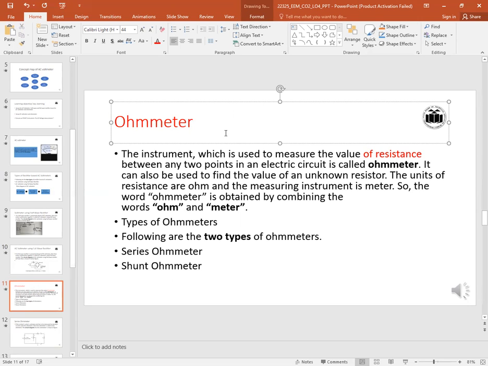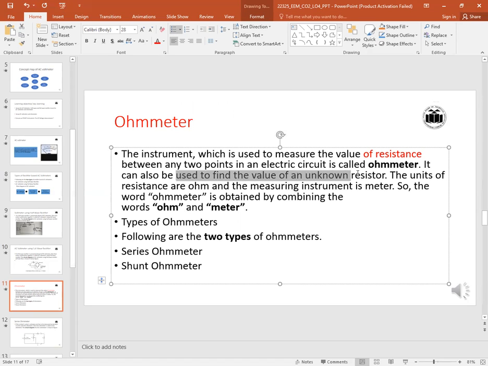So the instrument which is used to measure the value of resistance between any 2 points in any electrical circuit is called the ohm meter. It can also be used to find the value of an unknown resistor. And the unit of resistance is ohm, and therefore this meter is known as the ohm meter.